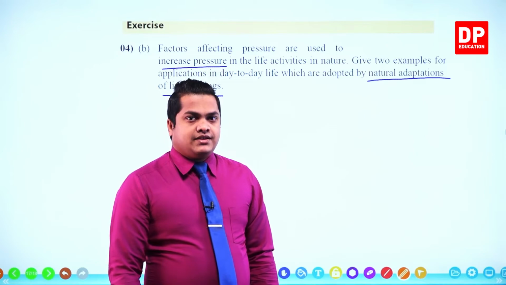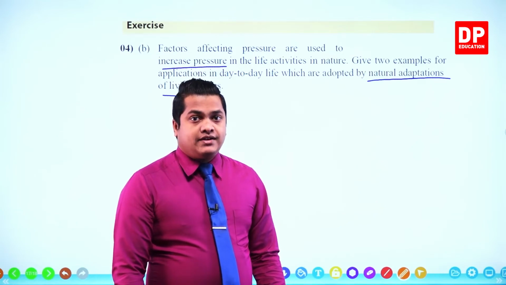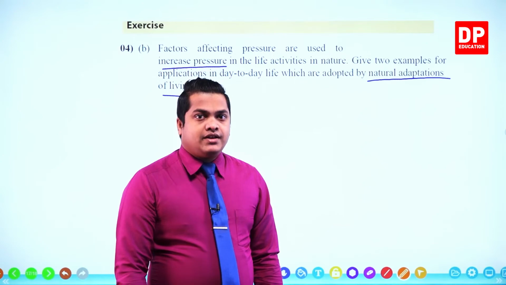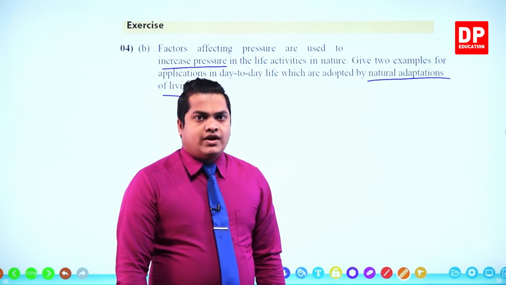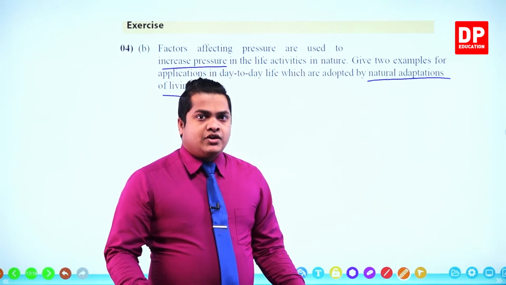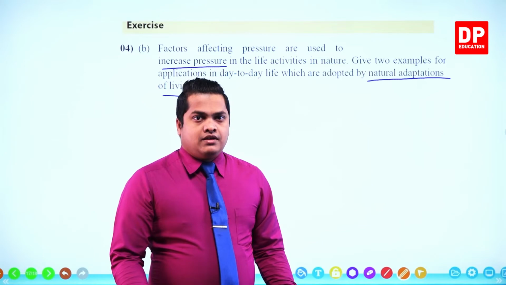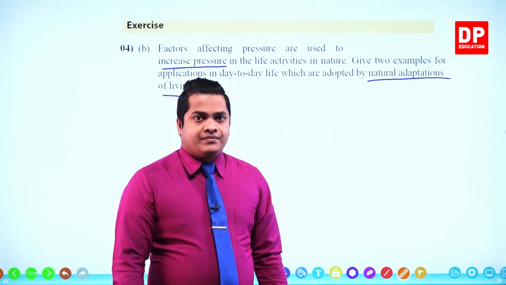If you take the teeth of a carnivorous animal, they have pointed teeth. For what? In order to tear the meat very well, by exerting a greater pressure.